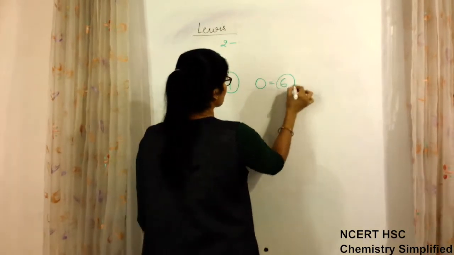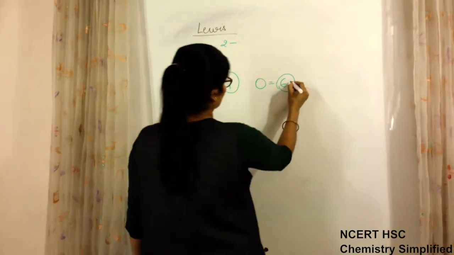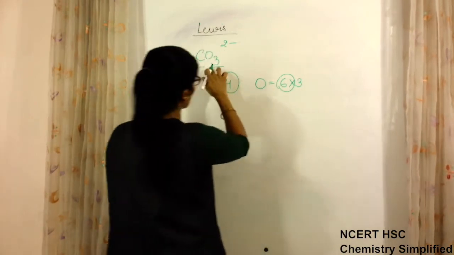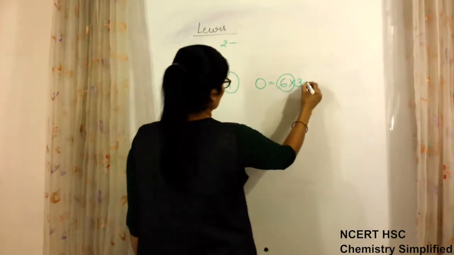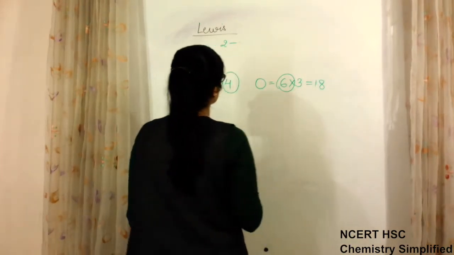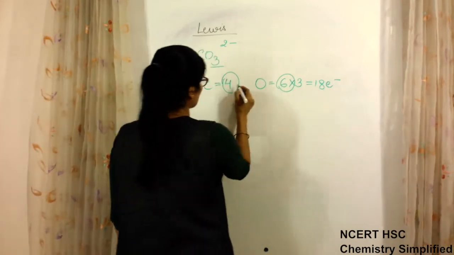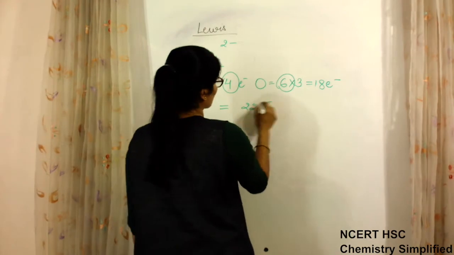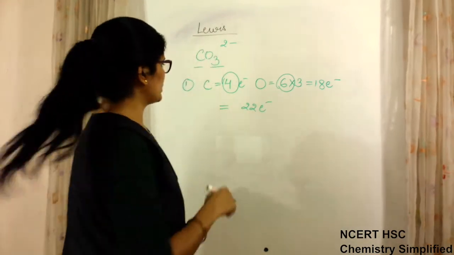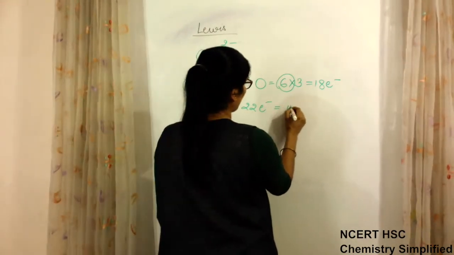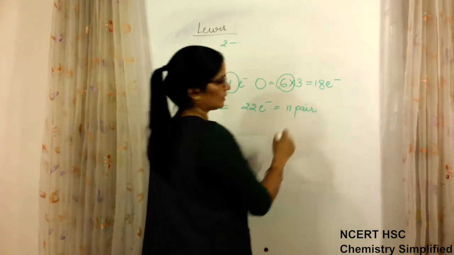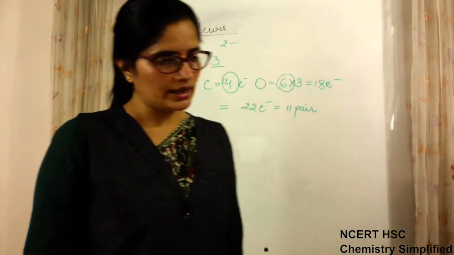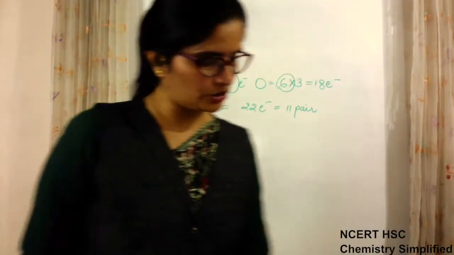So 4 and 6, 6 into 3 because there are 3 oxygens, 18 electrons, plus 4 electrons. So it will be 22 electrons. And 22 electrons are 11 pairs. So we have a total of 11 pairs of electrons.